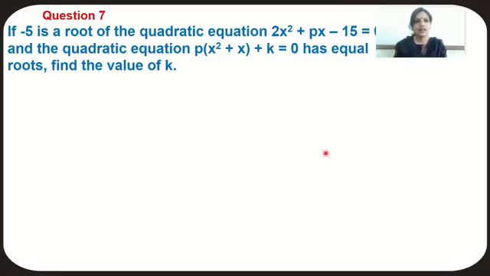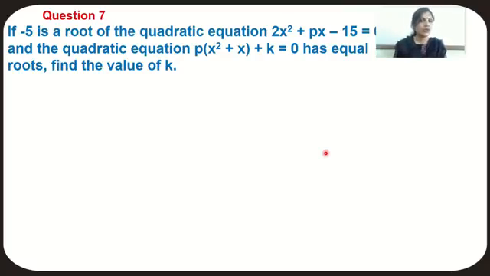Okay, let's see this. If minus 5 is the root of quadratic equation 2x square plus px minus 15 is equal to 0, and the quadratic equation p in the bracket x square plus x plus k is equal to 0 has equal roots, find the value of k. Now see, minus 5 is the root of the first equation.